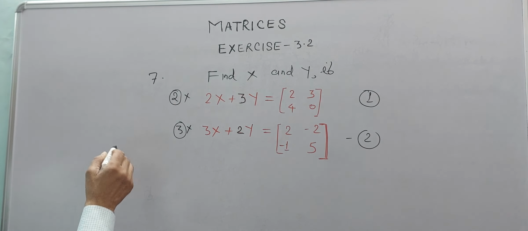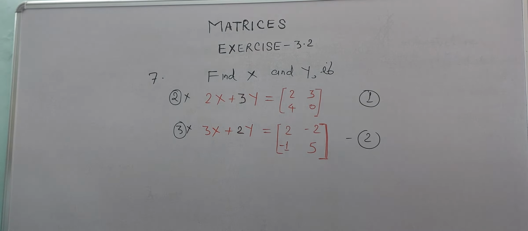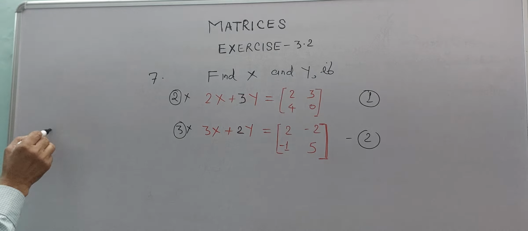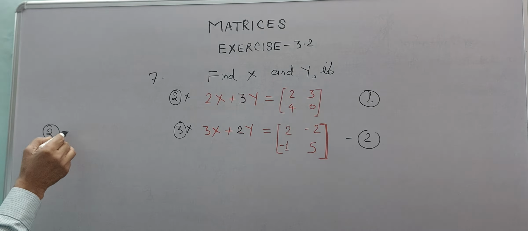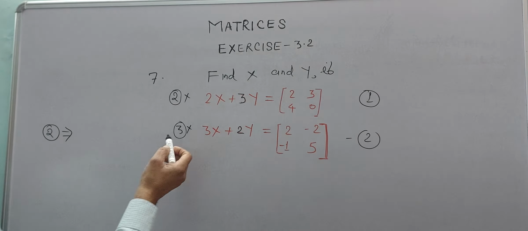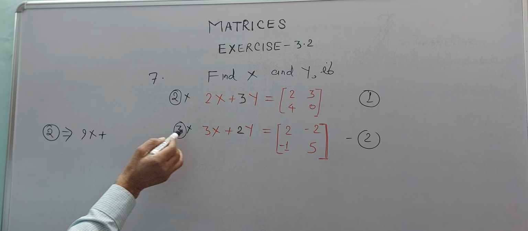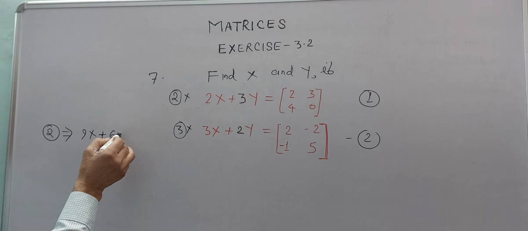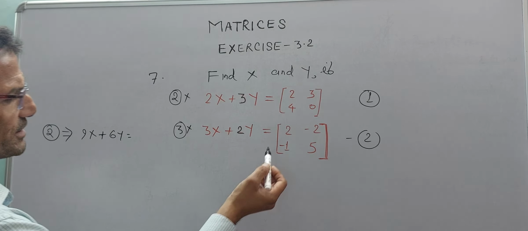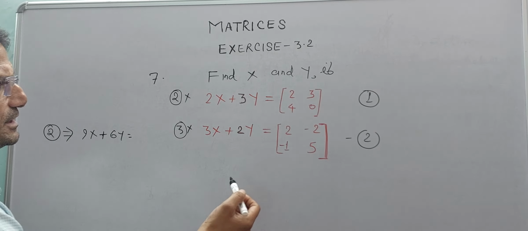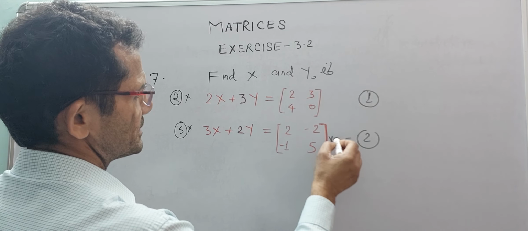So our second equation becomes, if I multiply it by 3, 3 into 3 is 9x, plus 3 into 2 is 6y. In the same way, each entry on the right side should also be multiplied by 3.